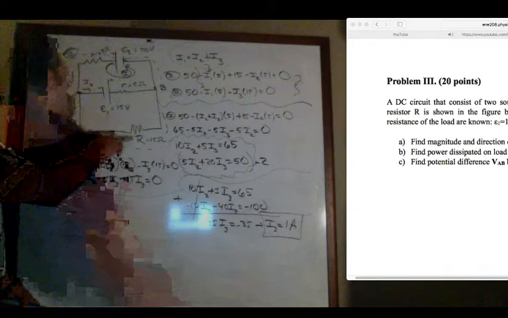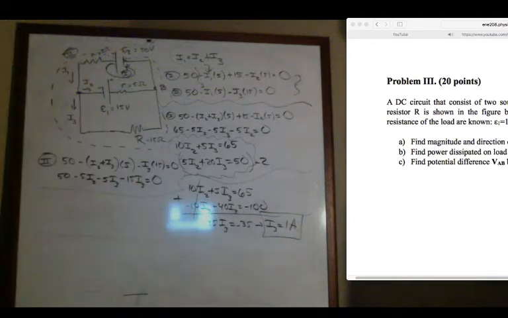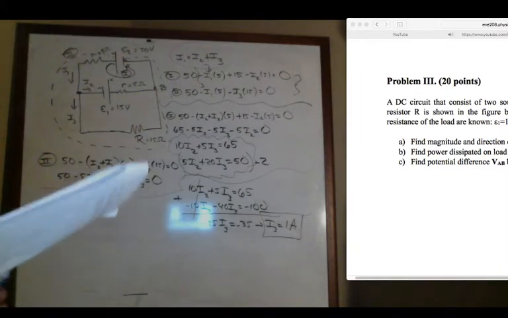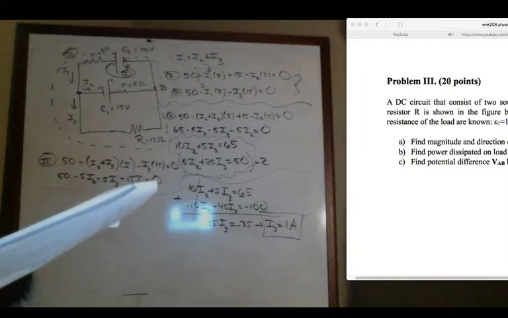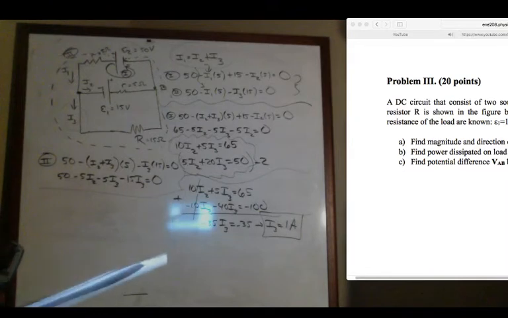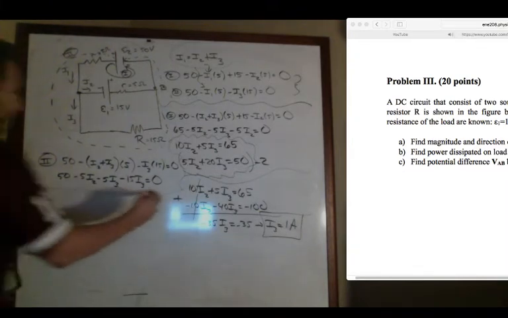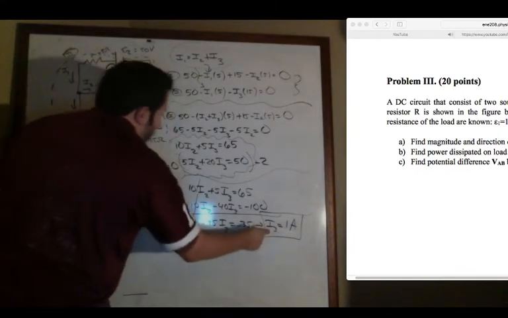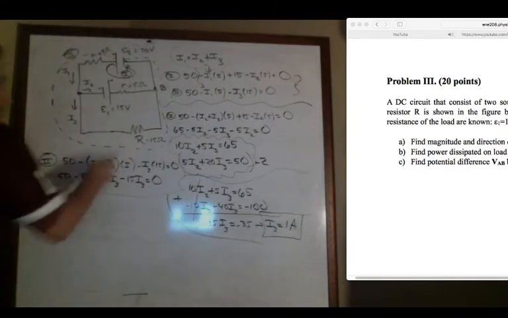Finally, let's take a look at part B. What does part B say? Part B says, find the power dissipated through the load resistor. So I want to find the power through there. Once again, I gave you 3 different equations for power. I know the current that goes through there. I know the resistance.